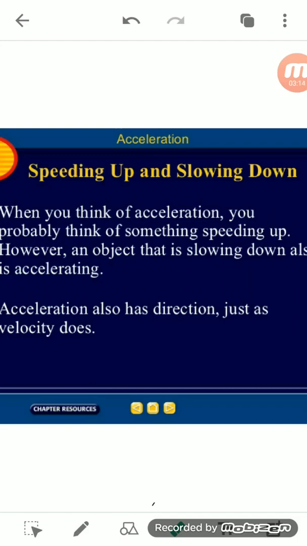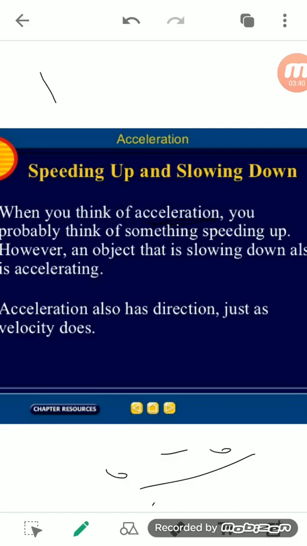Why is it so? When the velocity increases from 0 to something, there is a rise in the velocity, or there is a change in the velocity. The change in the velocity at a particular time explains the acceleration. And the same thing happens when the speed or the velocity of the object lowers down.